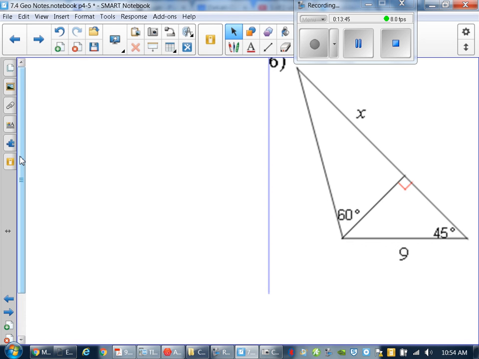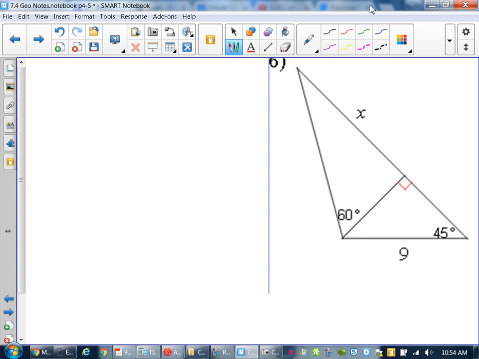That's a long number. So again, as you start one like this, you have to figure out something across from the 60, but you know something across a 90 in a 45, 45, 90. So you start with your 45, 45, 90: x, x, x root 2. You know opposite the 90 equals 9. Guys, that's a one-step equation. How do you undo multiply? Division.